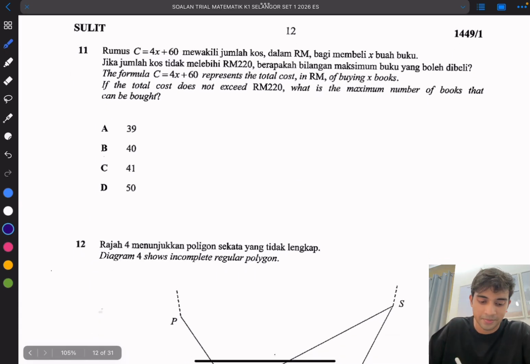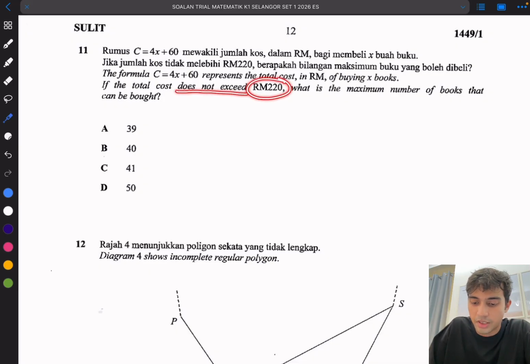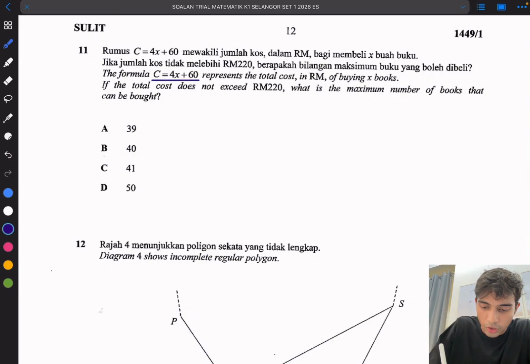Question 11. The formula represents the total cost of buying X number of books. If the total cost does not exceed 220, what is the maximum number of books? Okay. So the total cost does not exceed 220 means it can be 220 or lesser.